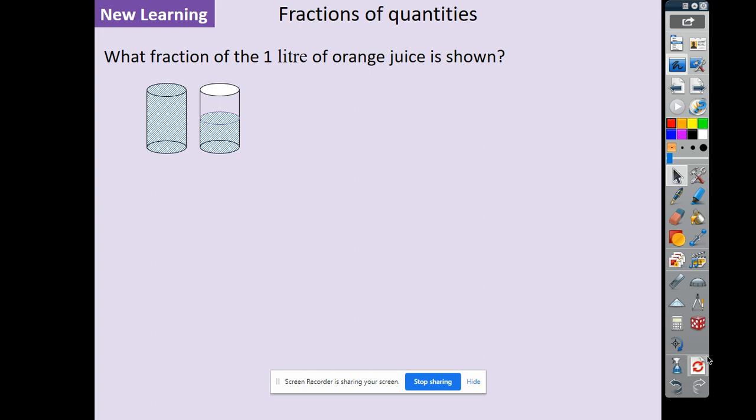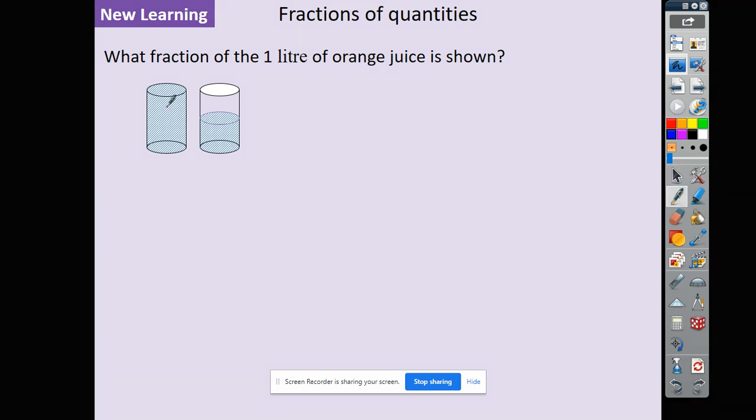Here's one for you to have a try on. So pause the video again, have a go and see if you can write out the mixed number for this. So you should have spotted straight away that we've got one whole. We can see that this one has been split into 2 parts, and one part is shaded.